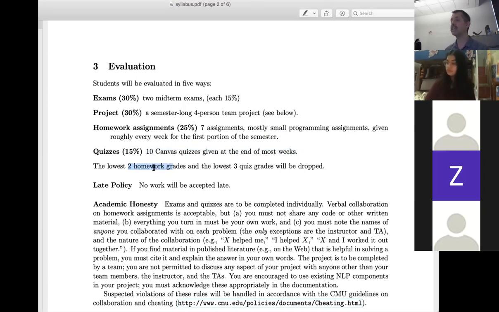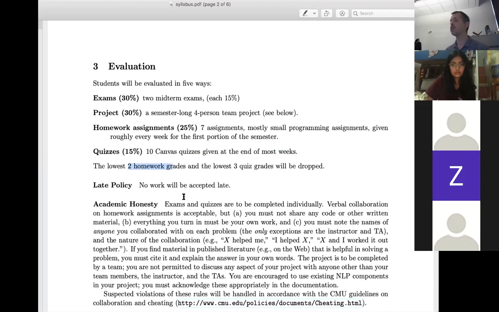So the idea is that you can use the dropped homework assignments and the dropped quizzes when you need breathing room, when you're sick or traveling and you're not able to do the work. Then you can take one of the drops.